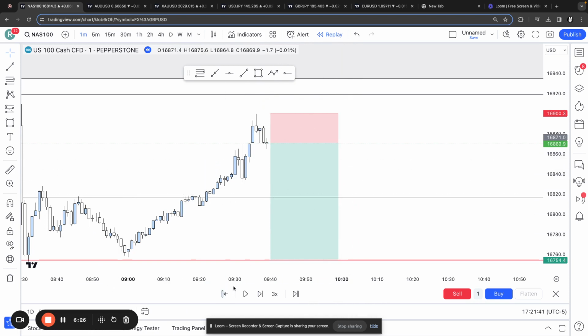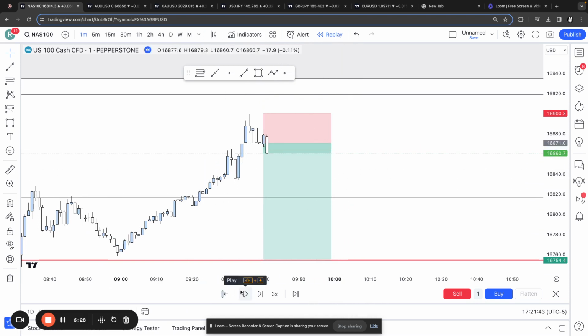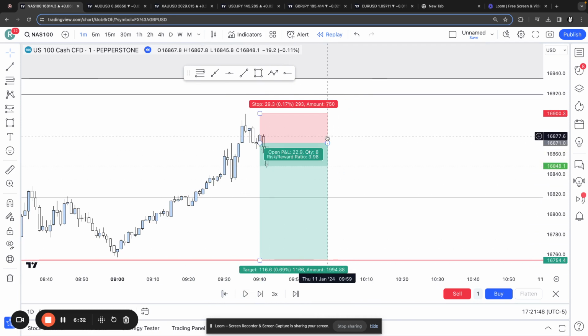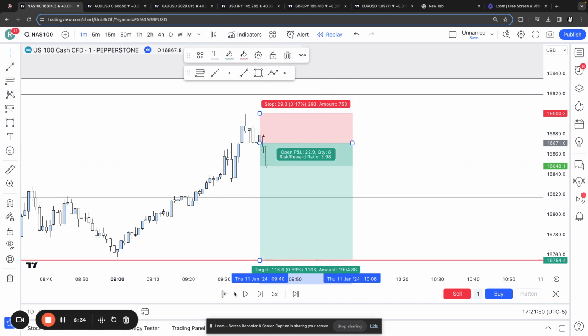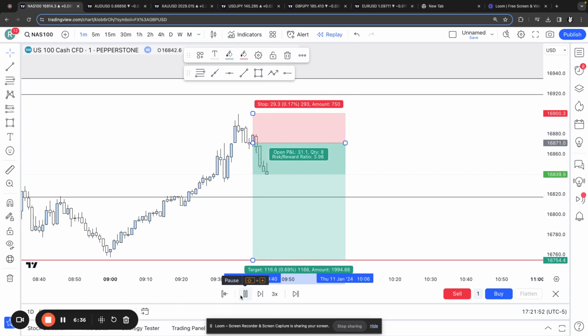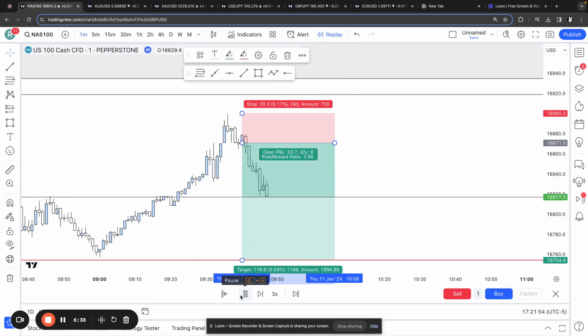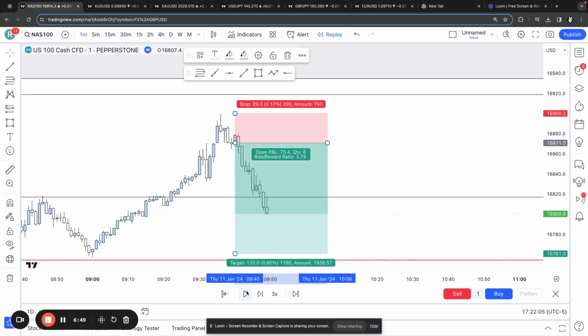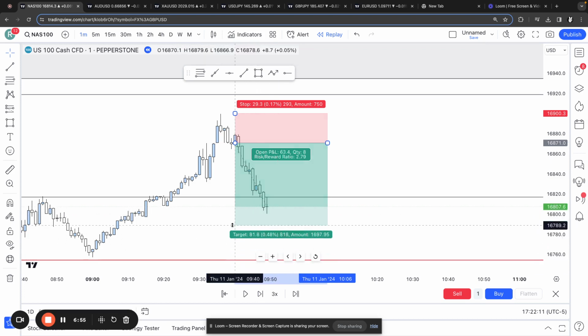And so when price started to play out, price went immediately in my favor. And I said, okay, right now we're at a 1-to-1. I took most of my position out right here, and then I let the rest run. And then I think I took all of my position right here.